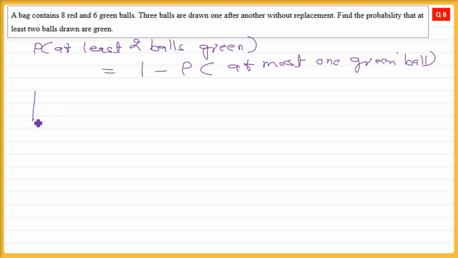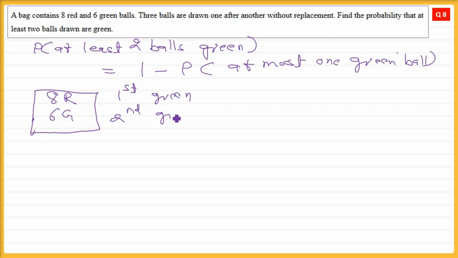We have a bag here, and in this bag we have 8 red balls and 6 green balls. First ball is picked up, then second, then third, and there is no replacement. So first green, because we are talking about at most 1 green ball. Either first can come green, or second can come green, or third can come green. This is what we are talking about: at most 1 green ball.